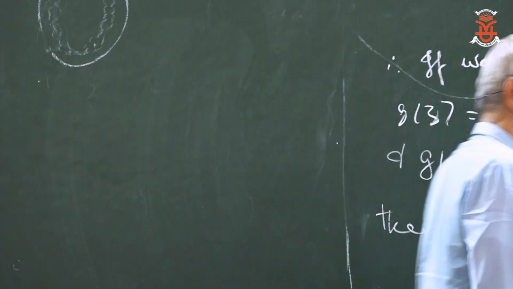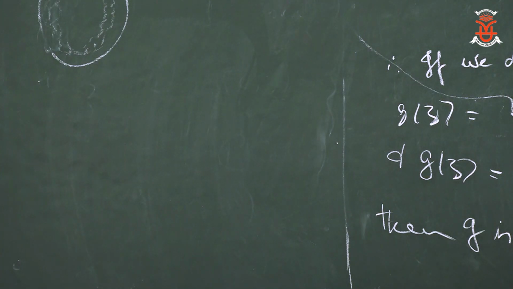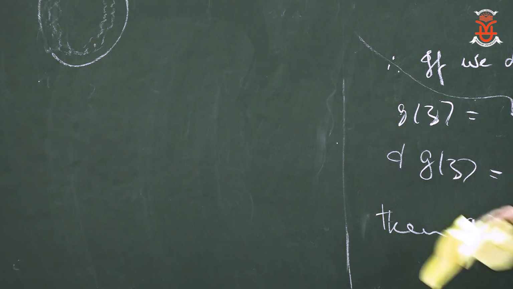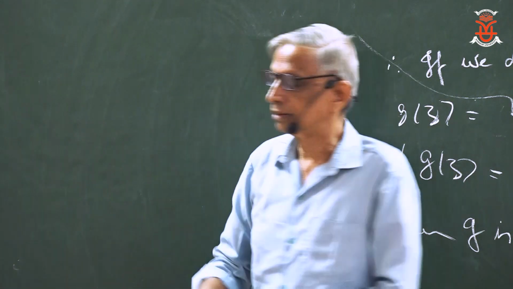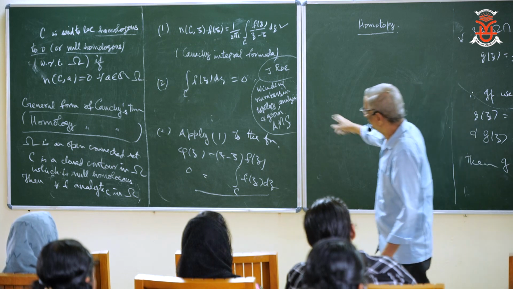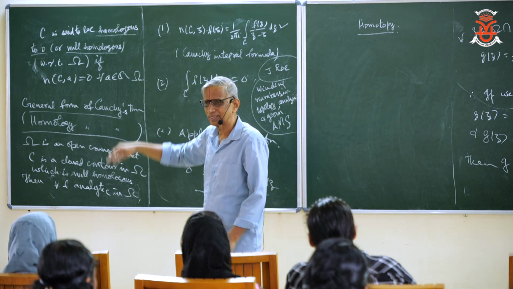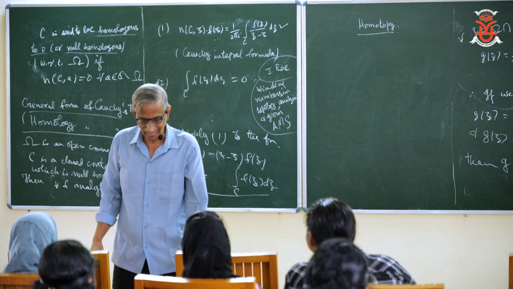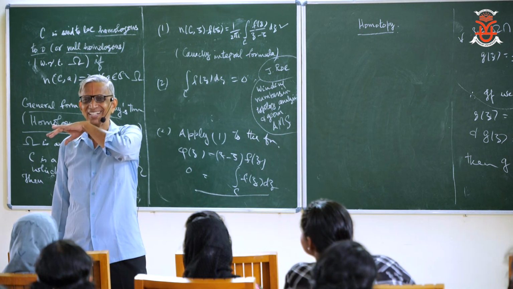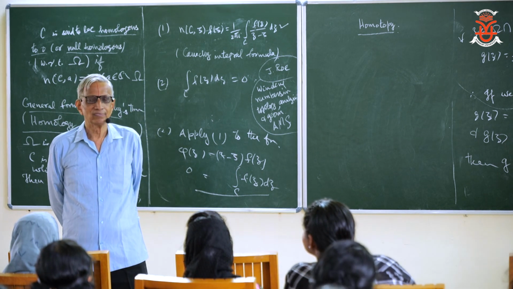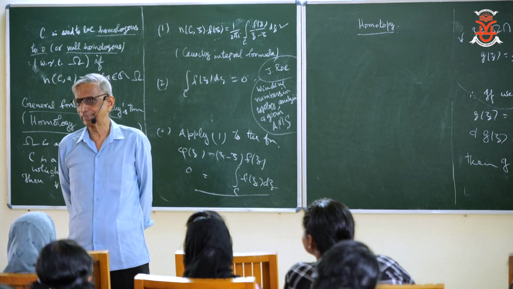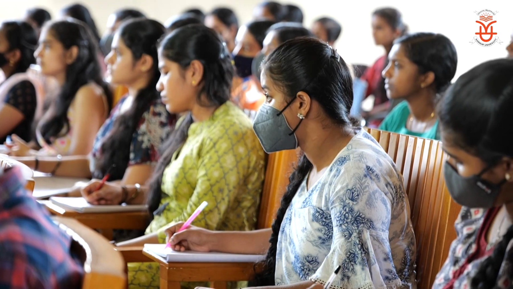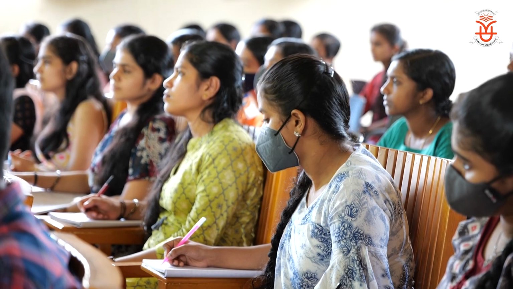Okay, so homotopy is a very important concept in all of mathematics. One more thing I want to say, because people are doing functional analysis somewhere: in functional analysis, there are what are called Fredholm operators. So there is what is called the index of Fredholm operators and so on.